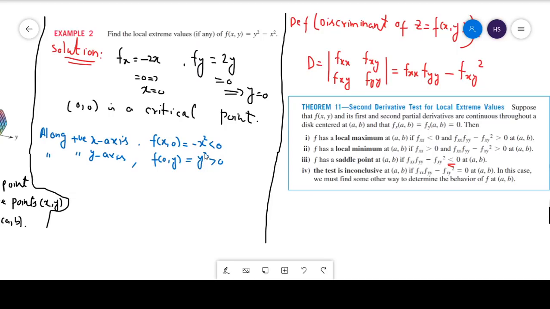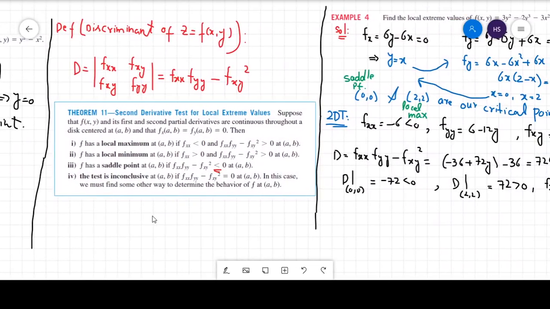That means if you draw an open disk around 0 0, you will always get some points at which the function has negative values and some points at which it has positive values. That means this 0 0 is neither a local maximum nor a local minimum. So 0 0 is a saddle point.